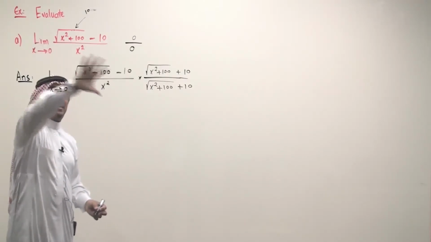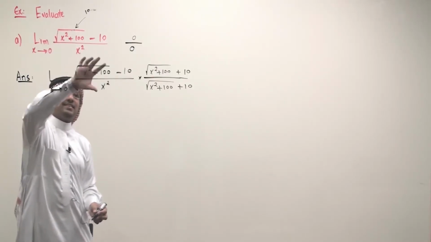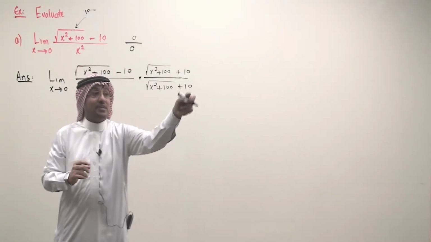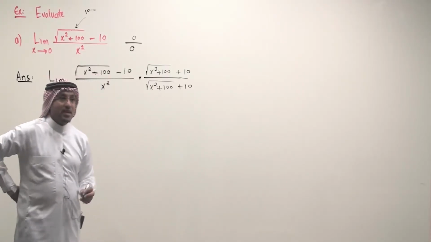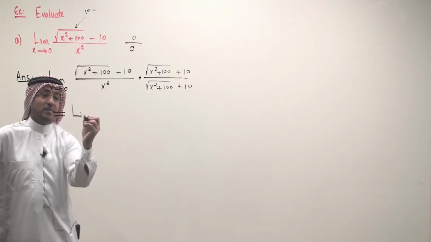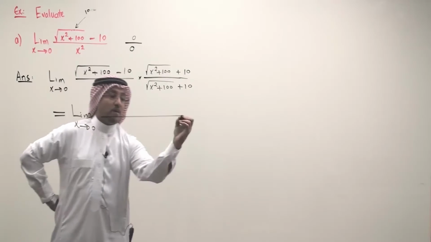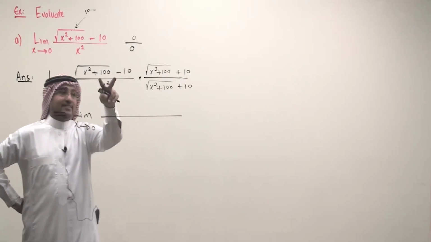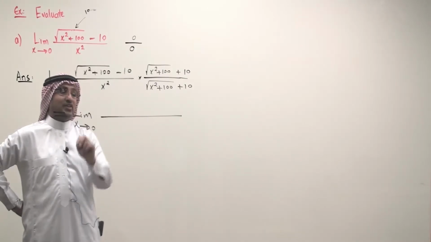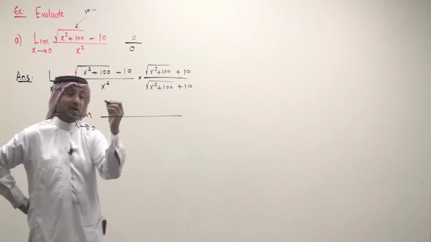This quantity and this quantity are the same, so this one is just 1, because this quantity is divided by the same thing. Now, let's simplify. So this is the limit as x goes to 0 of this times its conjugate. This is basically a difference between two squares. So the first square minus the second square.